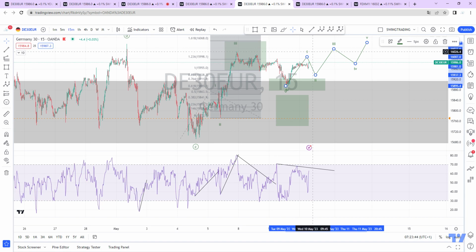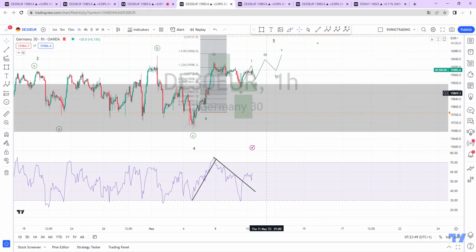This is what I see for today. So I see a long position here at this extreme, and a short at this extreme here. But inflation can also always be tricky to trade on these days. So I will wait for more data.